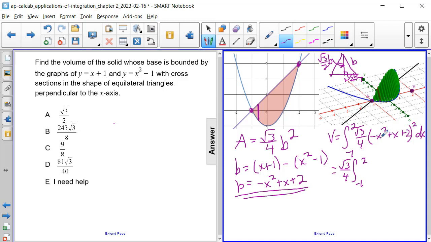And then if we square this and combine like terms, we're going to end up getting x to the 4th minus 2x cubed minus 3x squared plus 4x plus 4, and we're going to integrate this with respect to x.